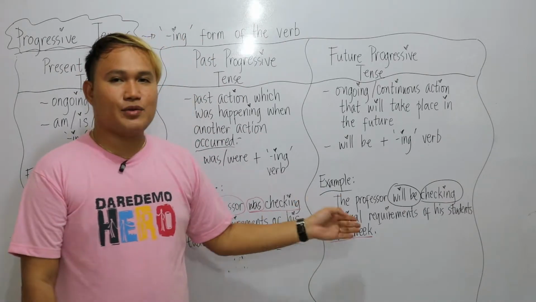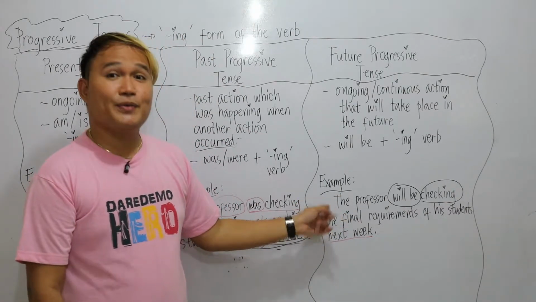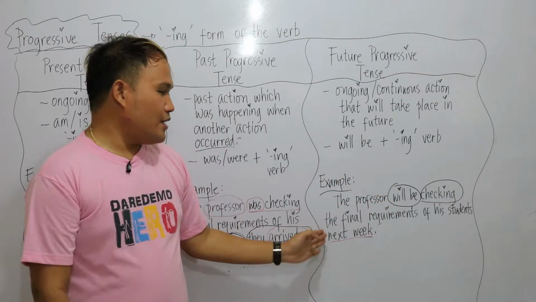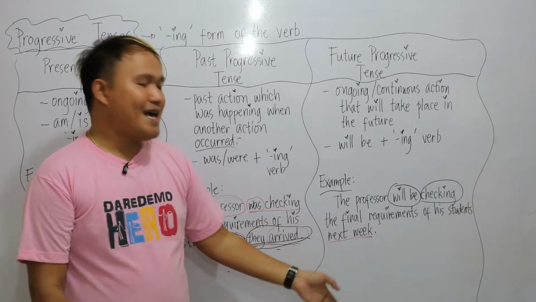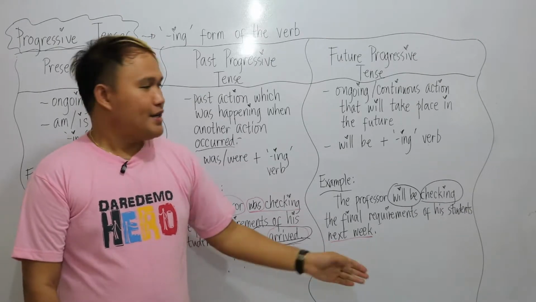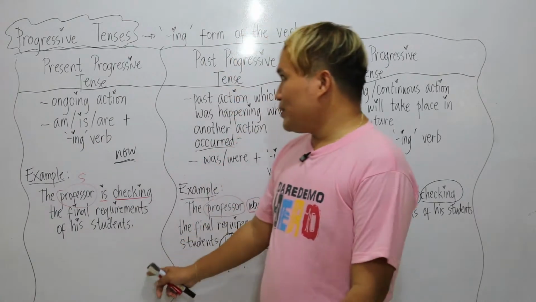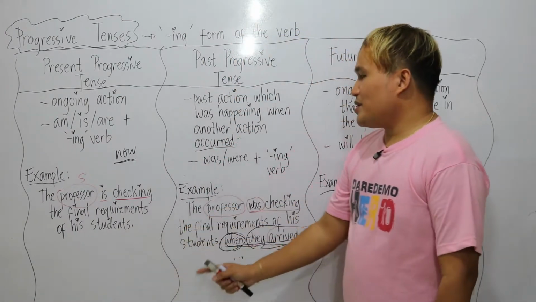For example, let's read here. All together, 1, 2. The professor will be checking the final requirements of his students next week. Now what have you noticed in this sentence here, compared to the example sentences in present progressive and past progressive?